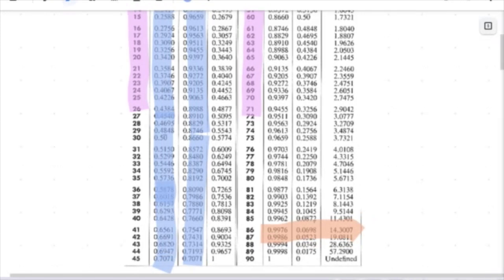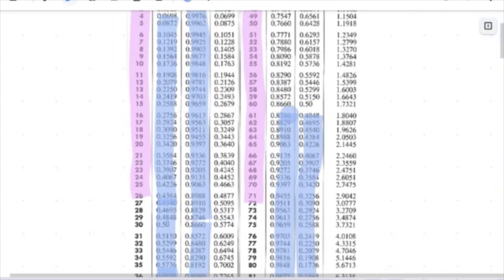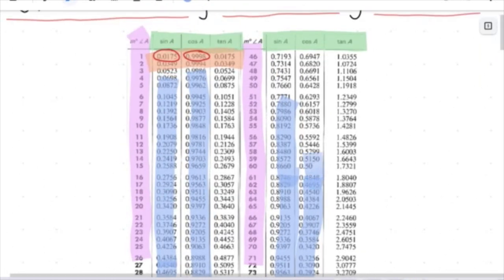We have a couple of special cases here. We'll talk about those later, way down the line. But all of these values, they're fractions, well, decimals when we convert them, that are less than 1. Why? Because the hypotenuse is always the biggest side. The denominator here is always the biggest number. So we will never get more than a whole.